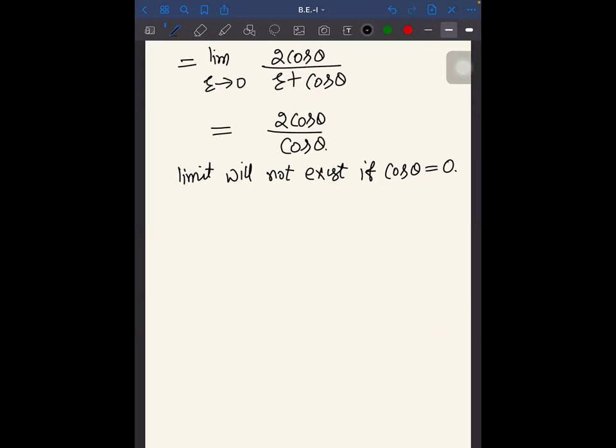Okay, so let me define this. First of all we'll define it theoretically, and then we'll try to find a geometrical interpretation. Try to see the things, visualize the things. Okay, so partial derivatives.